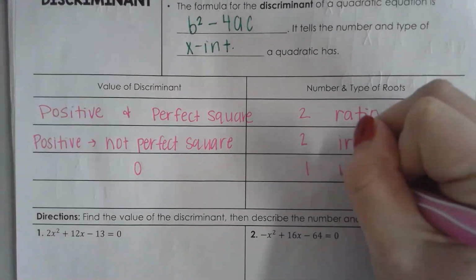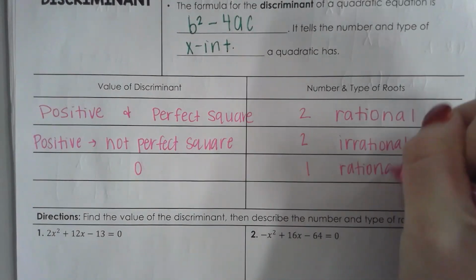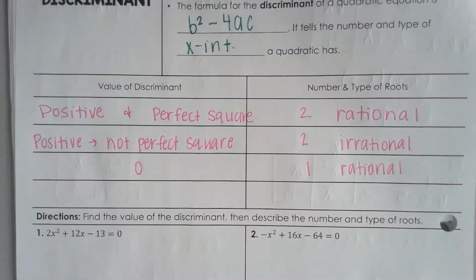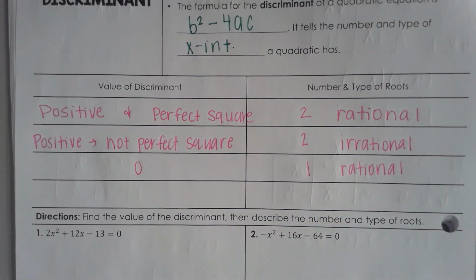If it's zero, it's one x-intercept. Your vertex is sitting on the x-axis.